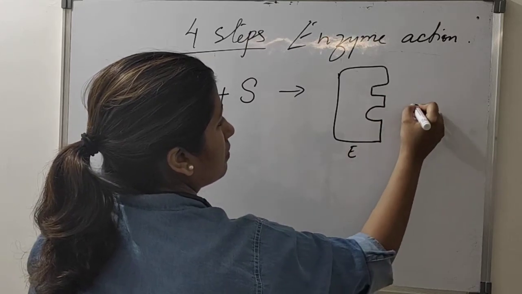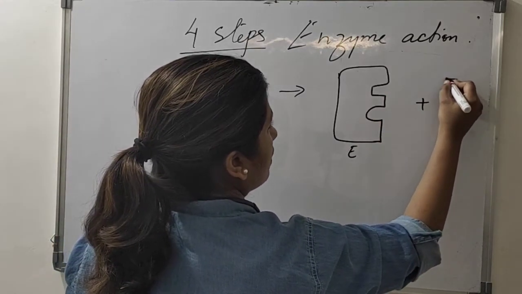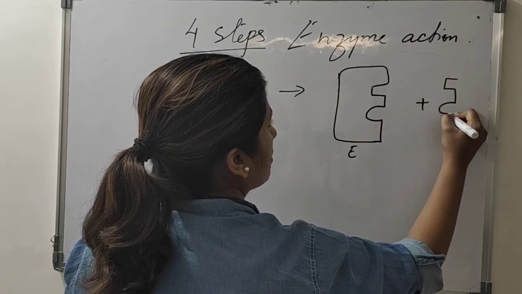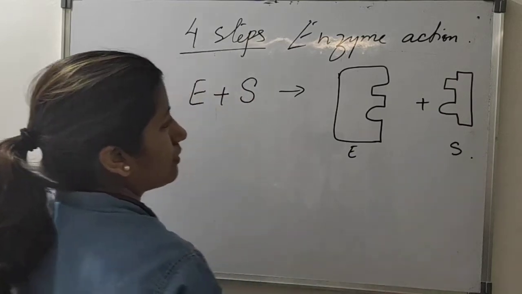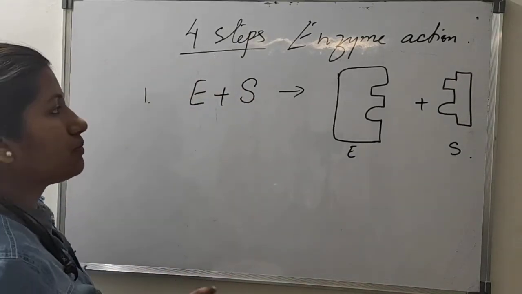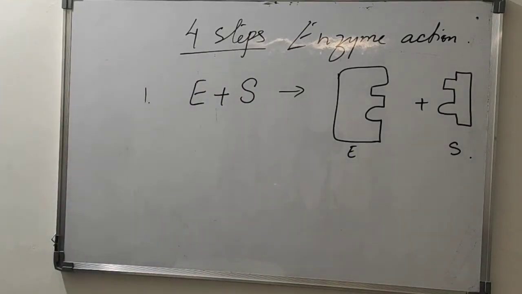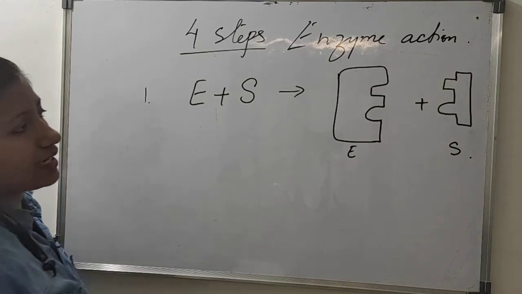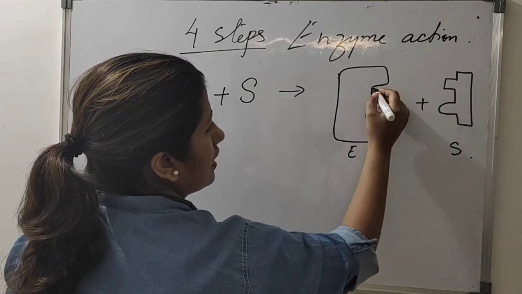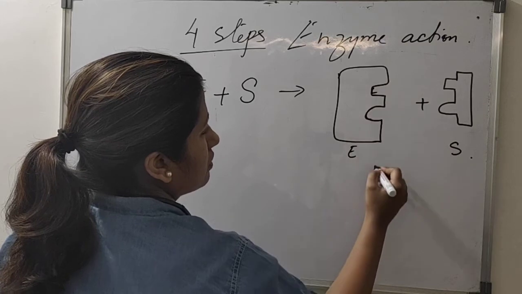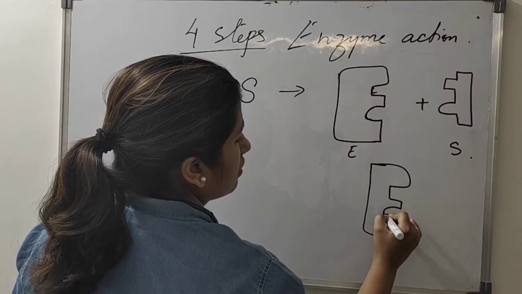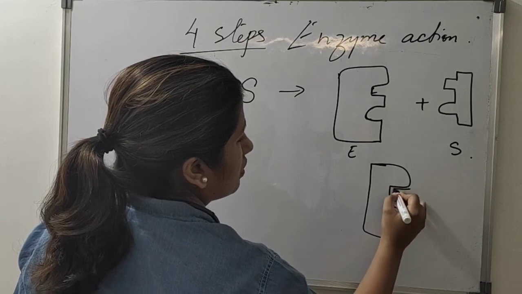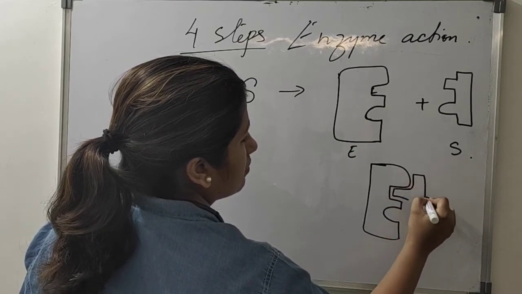So this is the enzyme and the substrate is of somewhat this shape. This is the first step where the substrate will bind with the active site. Here this is the active site. The substrate will bind here.